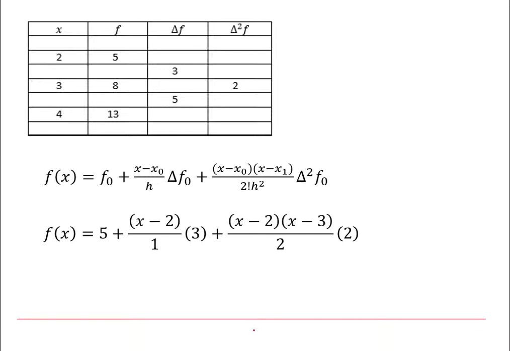So here we have the finite difference table, and we've got the second difference of 2 there, which goes into our formula, and we're using the first two x values, 2 and 3, which are both needed in the third term. So then that can be simplified to x squared minus 2x plus 5.